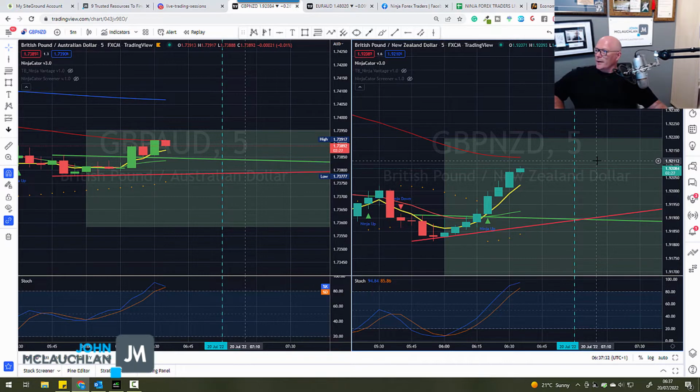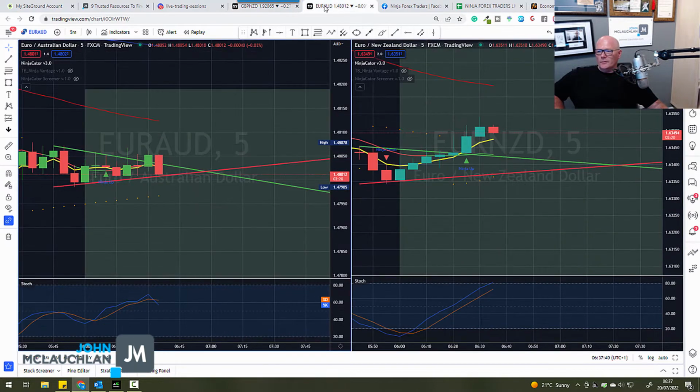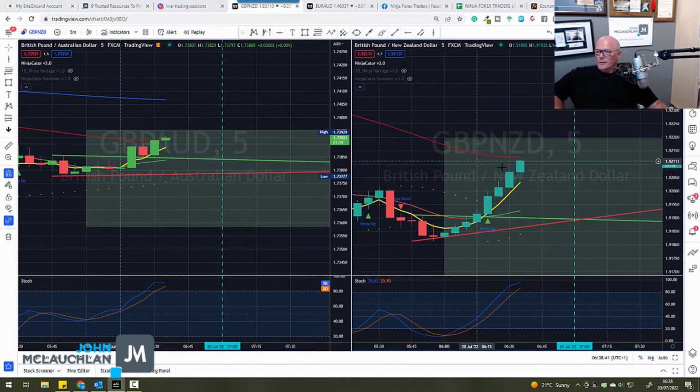So currently 5-6 pips up on this one, and with the euro, it's just doing the same thing. I'll call it a day on that one. Quite happy with that. Taking profits at that level.